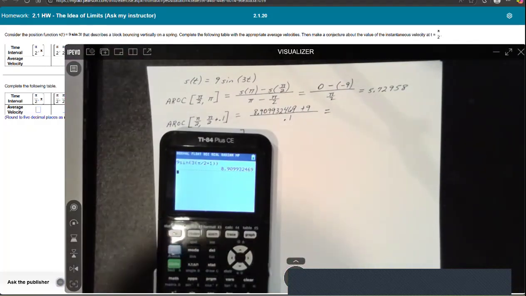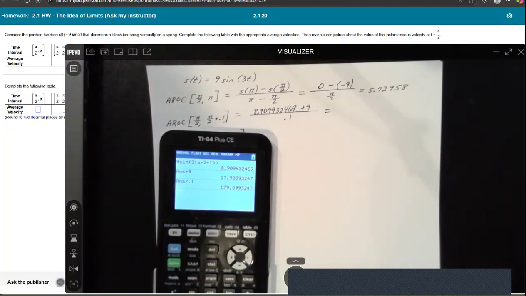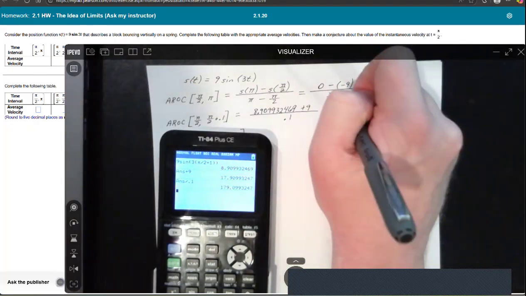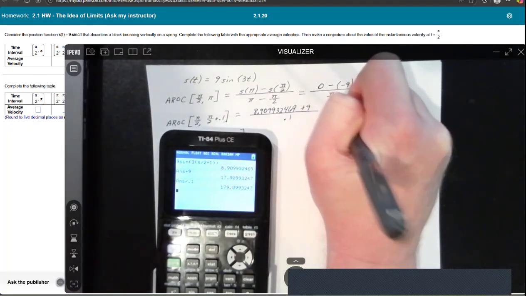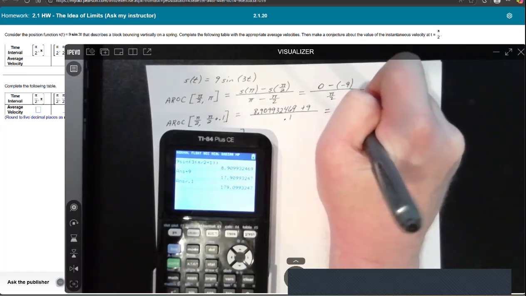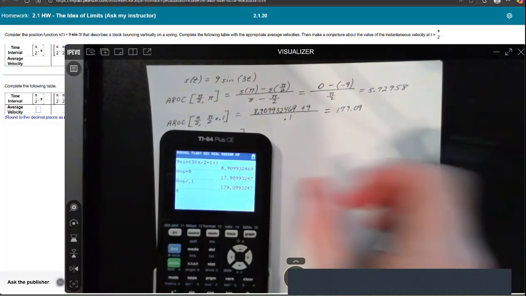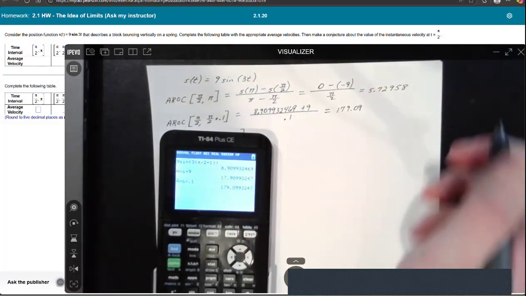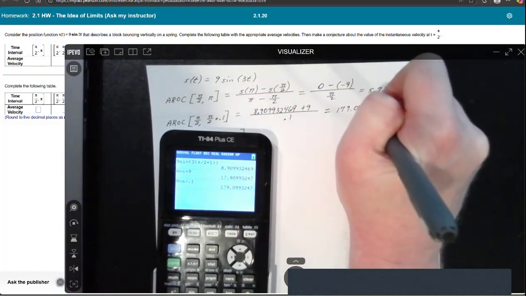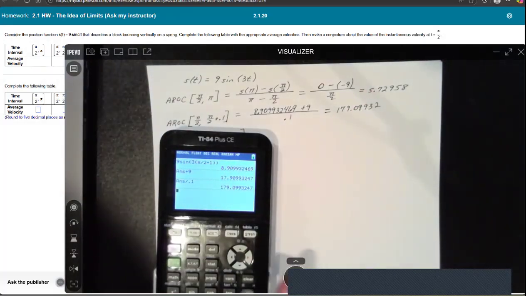So now when I add 9 to this answer and I divide it by 0.1, whew, I'm getting 179, a huge jump from the previous average rate of change, 179.09, and it asks us to round our final answers to 5 decimal places. So I get 179.09932. That should be the answer that my lab is wanting for this one.